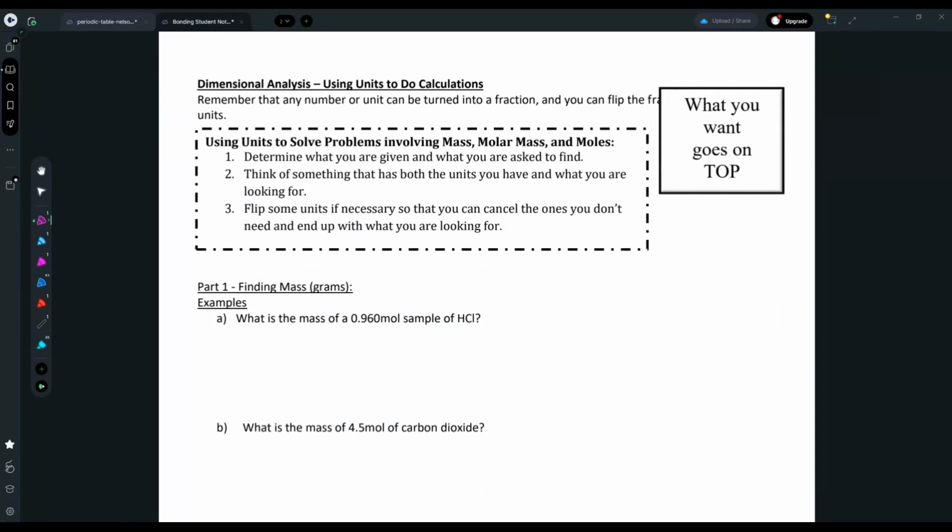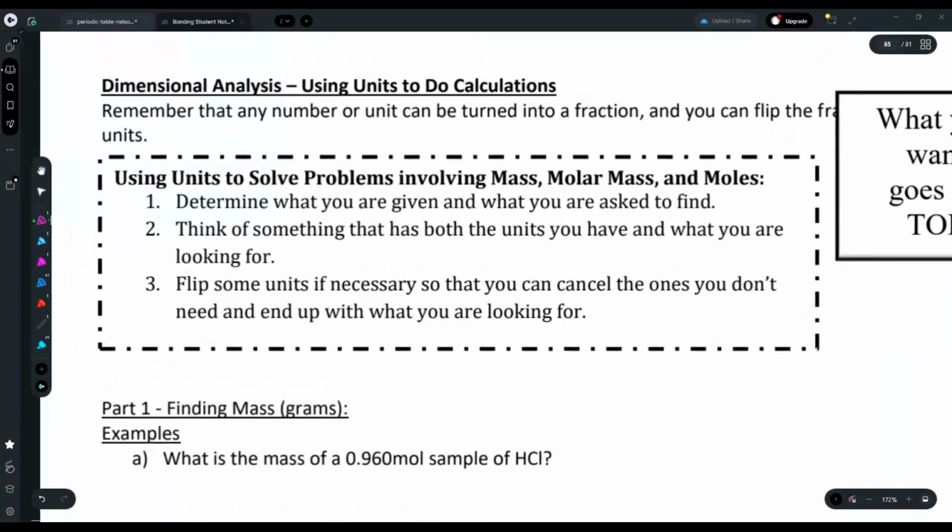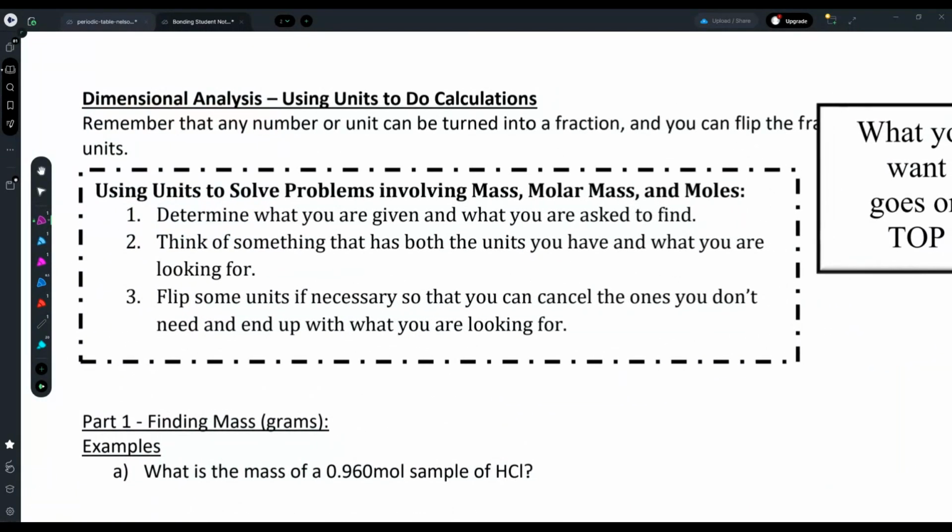And what I'll do here is, first I'll give you the formula in case you want to use it, but I'll also be talking about unit analysis, which this book calls dimensional analysis. They mean the same thing. Okay, so using units to solve problems involving mass, molar mass, and moles. So step 1 is going to be determine what you're given and what you're asked to find.